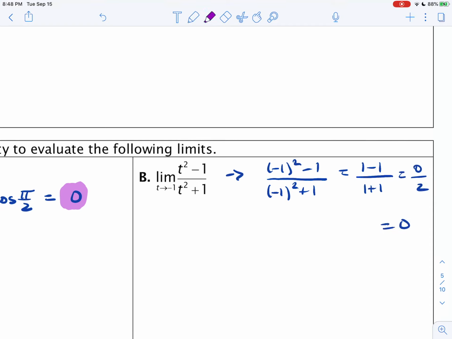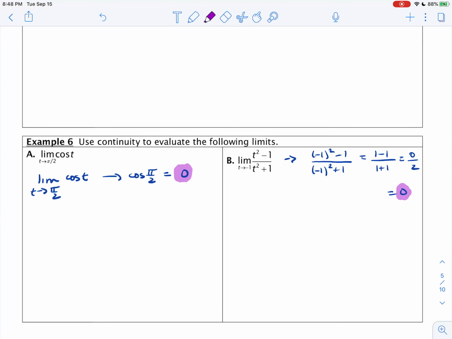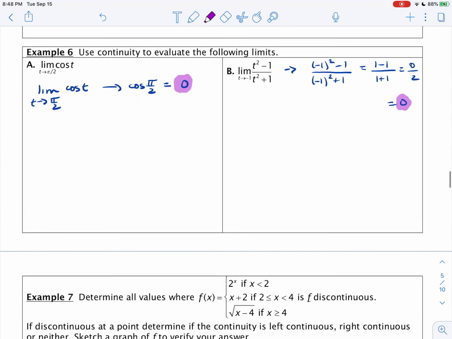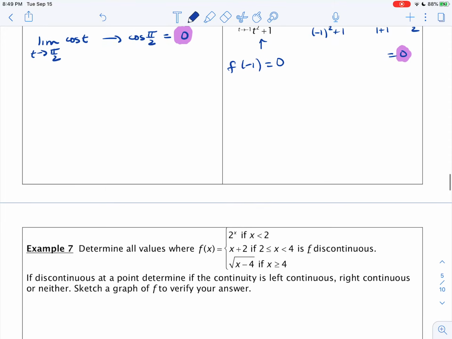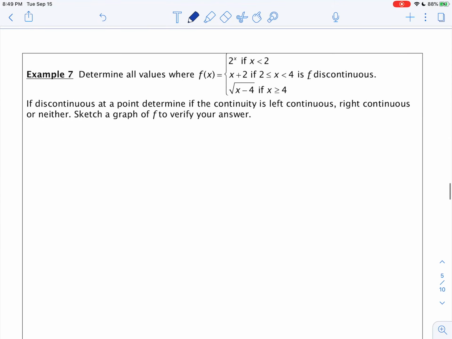I get 0 over 2, and that's still equal to 0, and it is defined, and that is our limit. Good. And we can use continuity because it is defined here, right? F of minus 1 does equal 0, and the limit from the left does equal the limit. We can go ahead and use the function output.